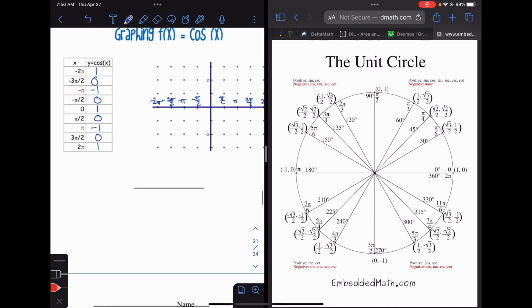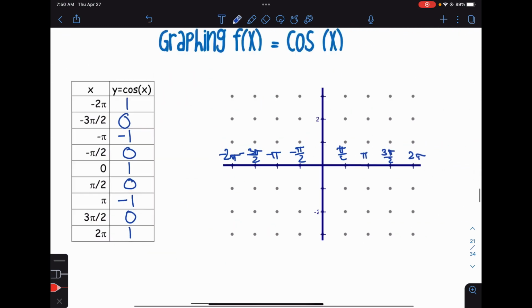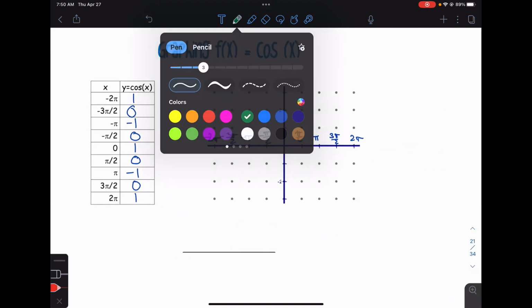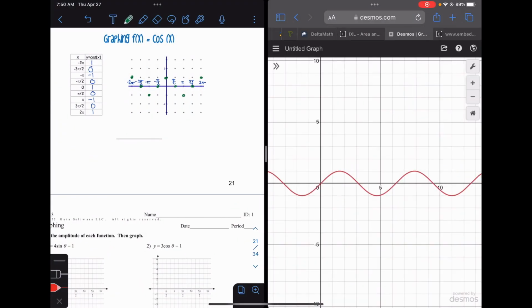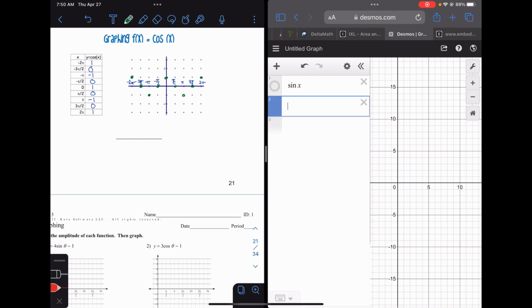Then we're just going to plot those values: negative 2 pi and 1, negative 3 pi over 2 and 0, negative pi and negative 1, negative pi over 2 and 0, 0 and 1, pi over 2 and 0, pi and negative 1, 3 pi over 2 and 0, and 2 pi and 1. Now let's take a look at what the actual graph of cosine looks like.